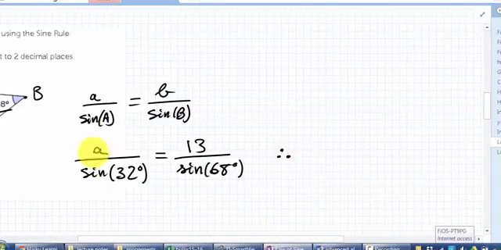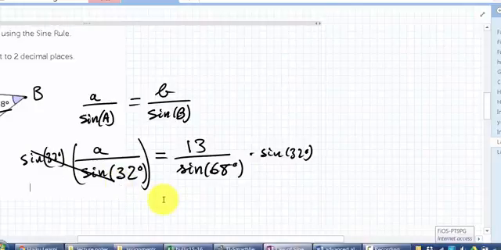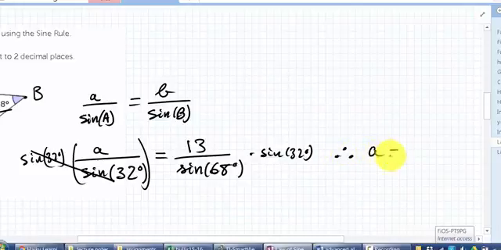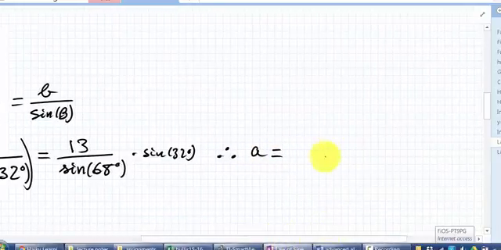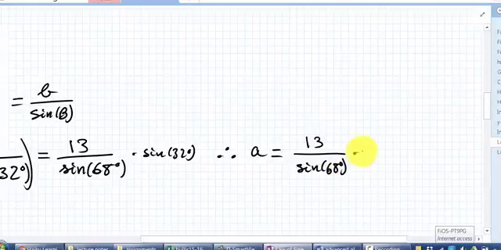So you multiply both sides by the sine of 32 degrees, and that will isolate A. So that gives you A equals 13 over sine 68 degrees times sine 32 degrees, which of course is like a fraction, right?